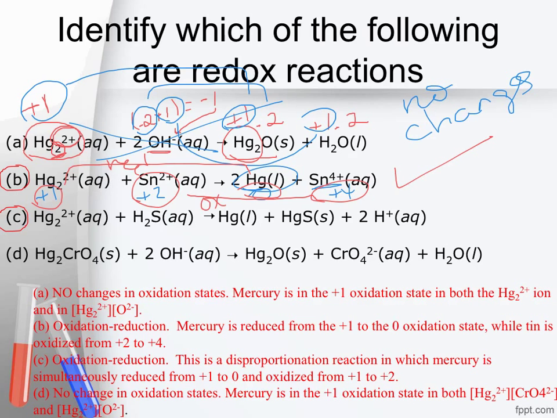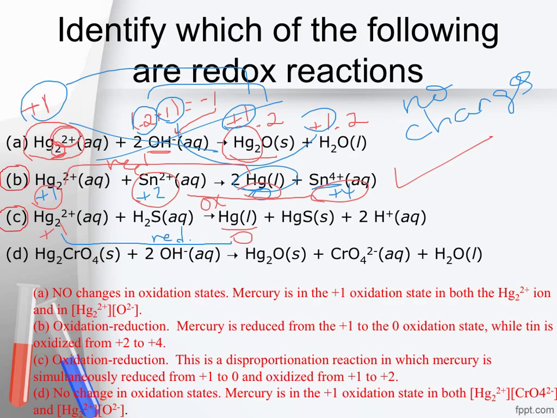C, mercury is +1, and in the product side, as an element, it's 0. So I can tell right away mercury has been reduced. Let's look and see what's been oxidized.